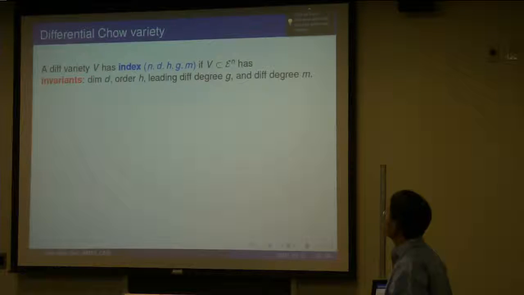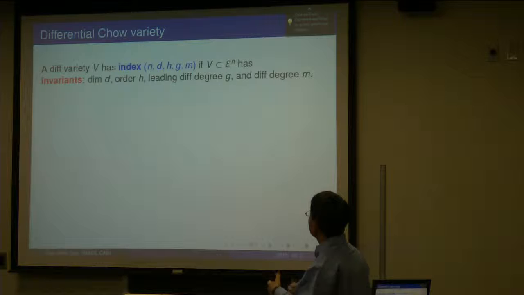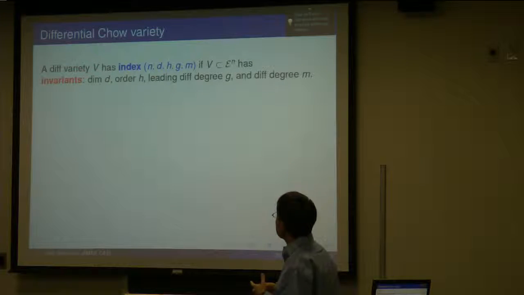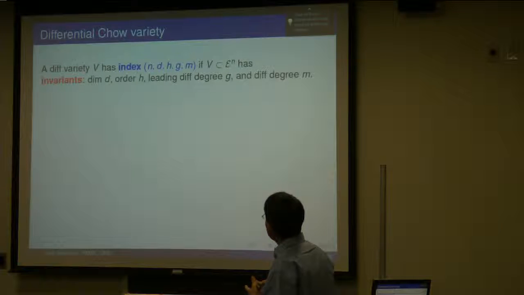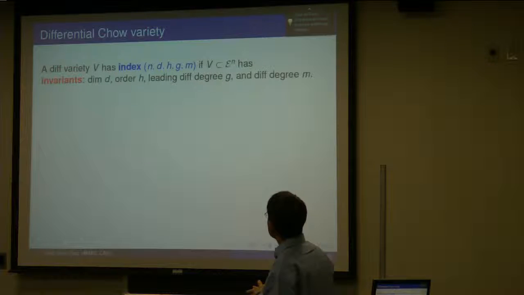Then this leads to the definition of the differential Chow form, the Chow variety. Chow variety is a special kind of moduli, right? So for the Chow differential variety, we need an index because we can only define it for a class of varieties. So we give this index. N is very trivial. It's considered in the affine space of dimension n.